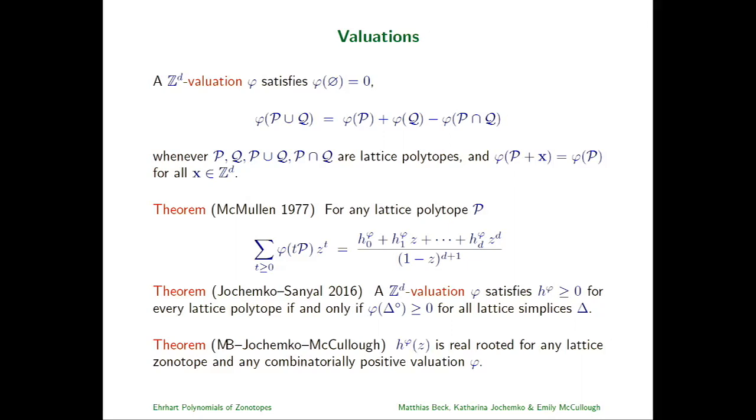Based on this theorem, we can prove that this generalized H star polynomial is real-rooted, as long as you give me a valuation that satisfies Raman and Katharina's theorem. The Ehrhart case is just one case that falls into this category, but the same proof that I outlined works for this general case.